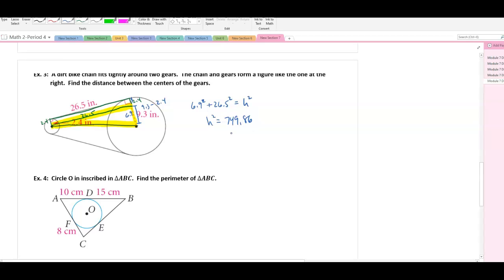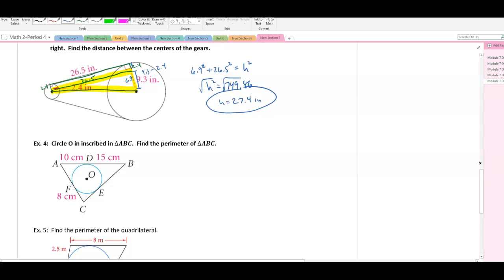And when I take the square root of that, you get about 27.4 inches long. Okay? Again, this is a very difficult problem, and if you understand this, it's awesome. If you don't, totally understand.